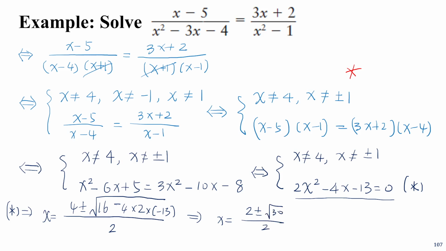In either case, x cannot be 4 and x cannot be either positive or negative 1. Therefore, the final solution is x equals 2 plus or minus square root 30 over 2. So this is your final solution. You get it?